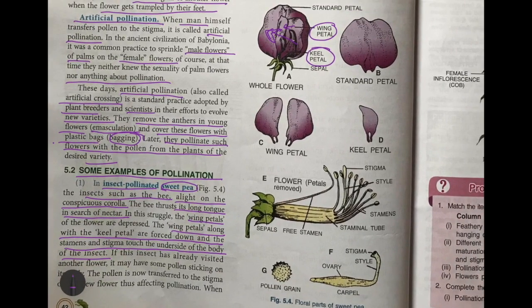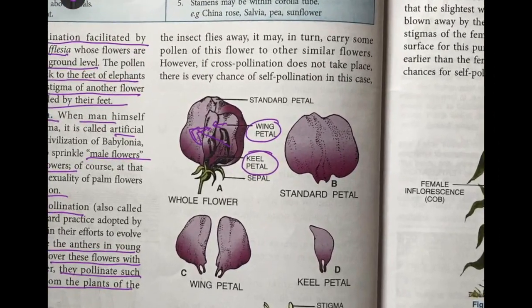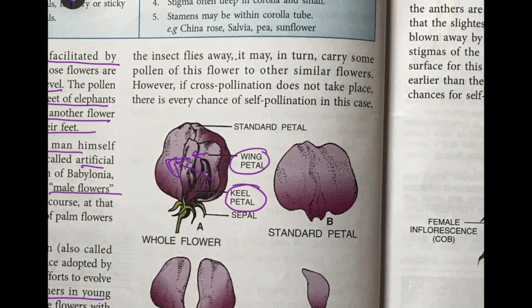So if the insect has already visited another flower, there may be some pollen sticking on its body. The pollen is transferred to the stigma of this new flower. So cross-pollination takes place. When the insect flies away, it will also carry some pollen of this flower to other similar flowers of the same species.